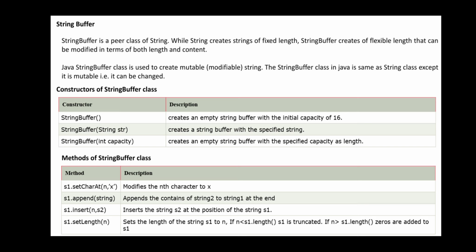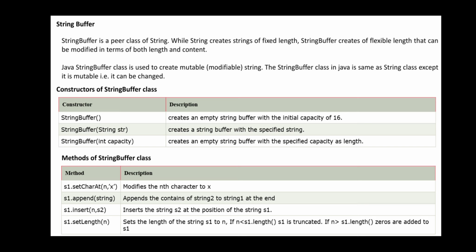But if the string length is more and the n value is less, say you give 7, then s1 will be truncated. For example, BCA COLLE. So it is going to have 7 characters. Truncating means deleting or removing some of the characters from the existing characters.